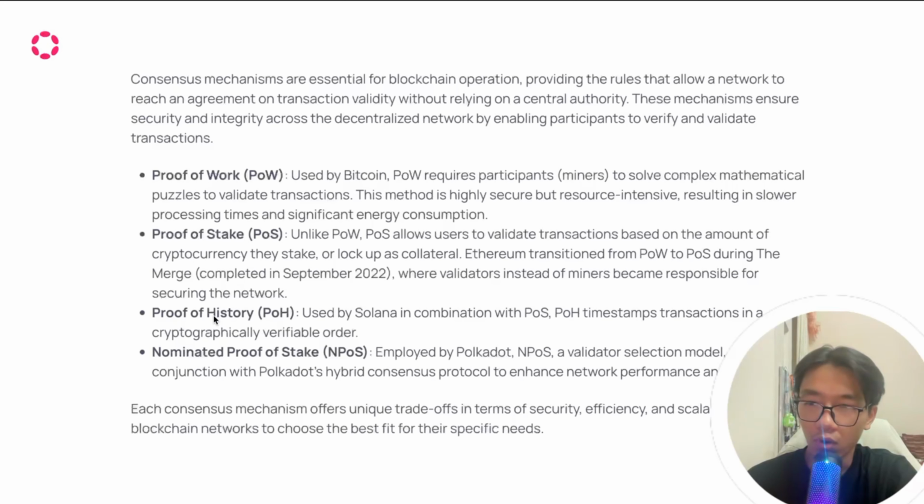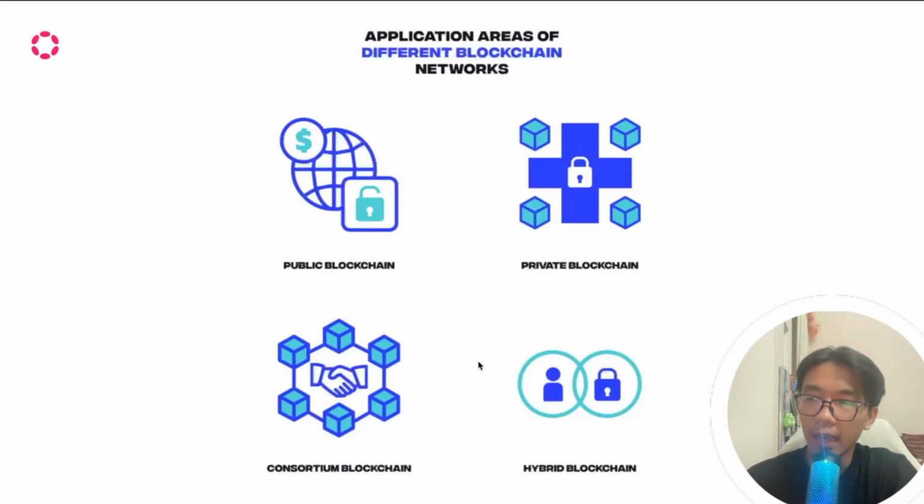There are also some more interesting consensus mechanisms from other blockchains, like proof of history used by Solana, and nominated proof of stake, which is currently used by Polkadot. And aside from the consensus mechanisms, we also have different application areas of the different blockchains. We have the public blockchain, which is basically the most well-known architecture of today's blockchain, like Polkadot, Ethereum, Solana.